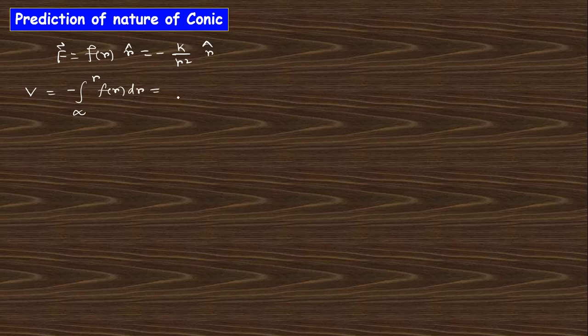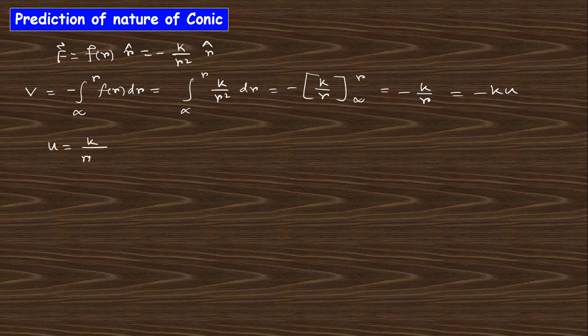So if you integrate infinity to r k by r square dr, that is minus k by r, limit to r, you get minus k by r, that is minus ku if you represent in terms of u. The solution we obtained just before is u equals k by m h square plus c cos theta. If you take the derivative du d theta, you get only minus c sin theta.